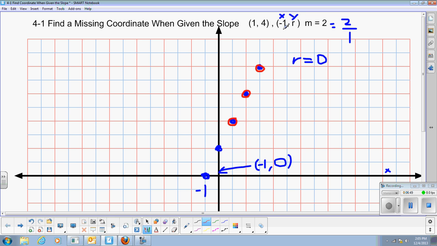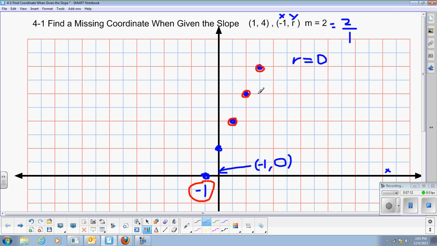This one is missing a y number. That means I have to find where this line crosses where x equals negative 1. And I wrote that, hey, x equals negative 1, that line's right here. So that's this up and down line. So instead of going up 2, right 1, I went backwards because I have to go backwards from where I'm at to get over to negative 1. So we'll go backwards.